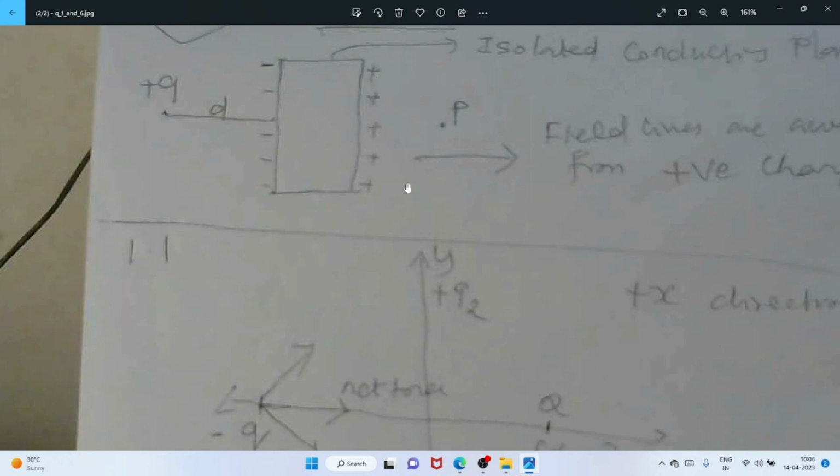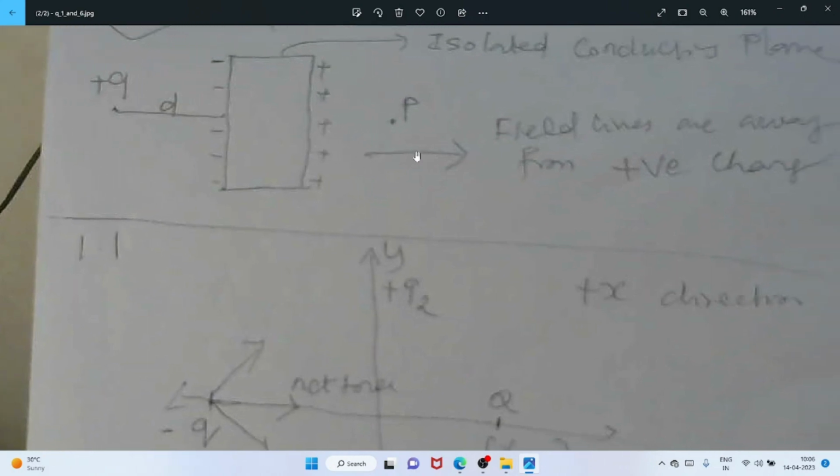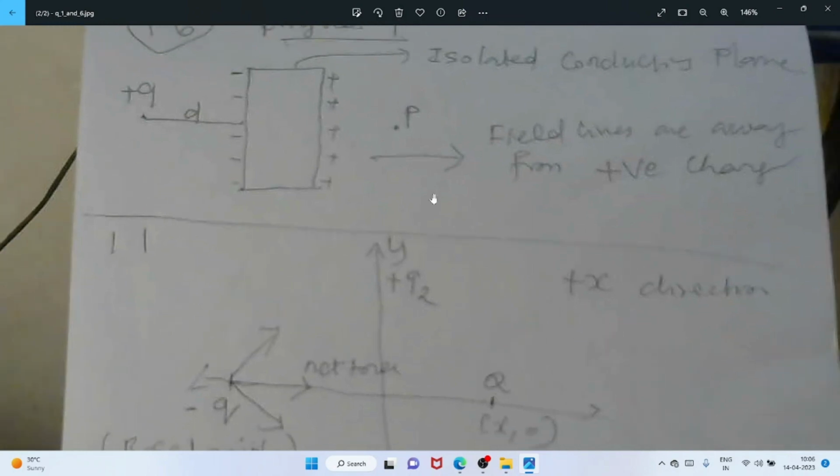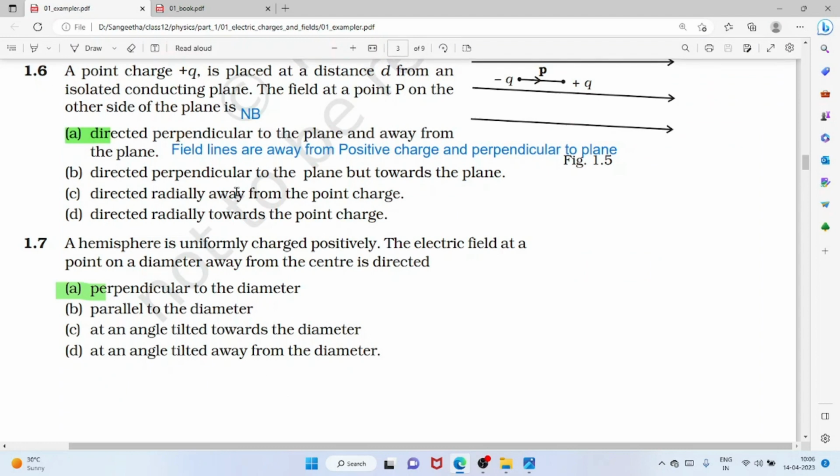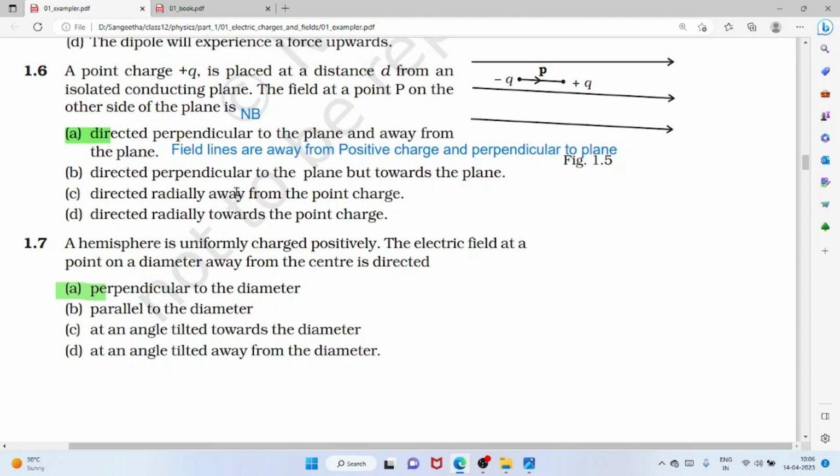On the other side there will be a positive charge. So the field lines, because this is a positive charge, go away from the plane. Lines are away from the positive charge and perpendicular to the plane.